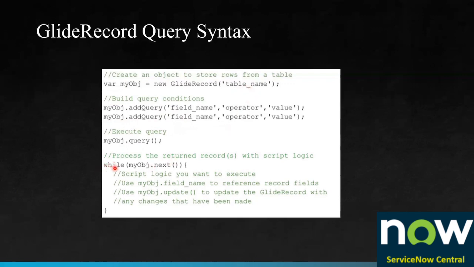What will happen with my obj.next? After this query is executed, after these conditions are executed, remember, it will give me either zero records or more records, correct? Based on my condition, either there are some records present in my table, or there may not be any.